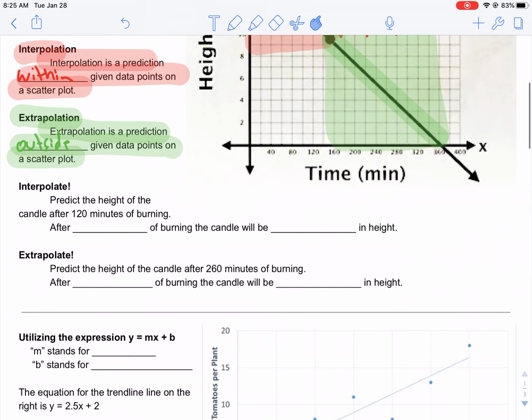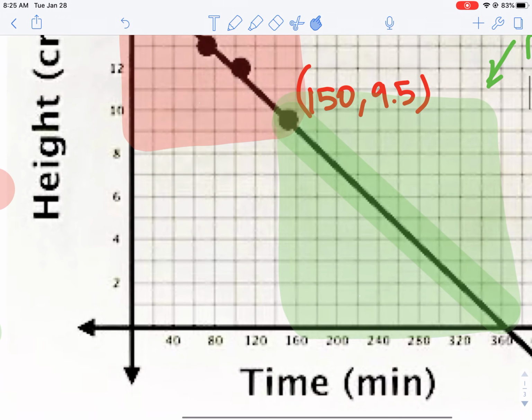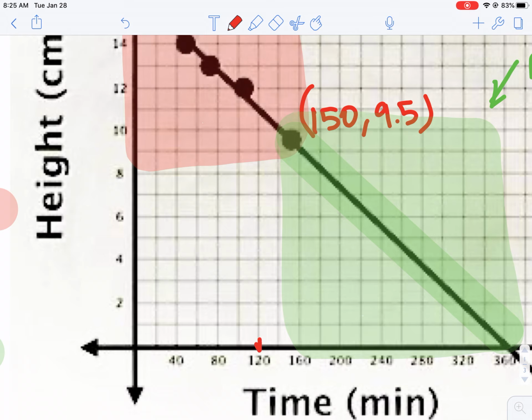So let's actually do it. Let's interpolate, let's predict the height of the candle after 120 minutes of burning. I'm interpolating, so I'm going to be in red here. Here's 120 down here. I move up to the trend line and over, and I see that I am at a height of 11 centimeters.